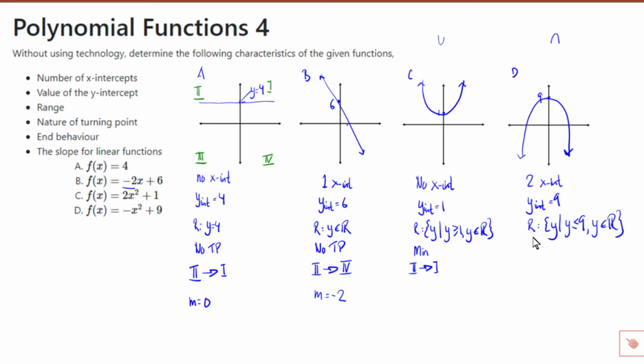Nature of the turning point, it's a maximum. And the behavior on the left-hand side, it starts out in quadrant 3. And on the right-hand side, it ends up in quadrant 4. And there's no slope since it's not a linear function.